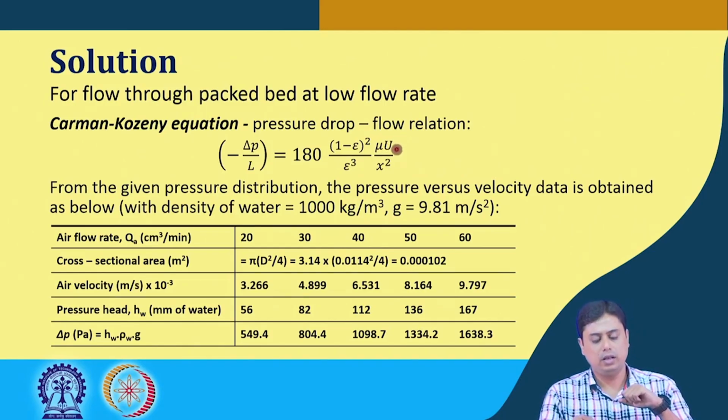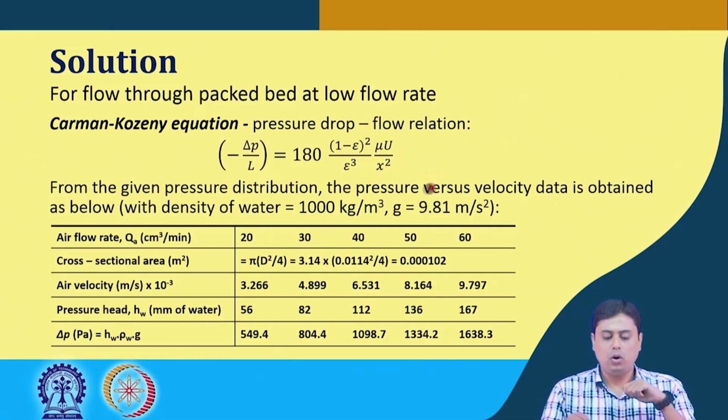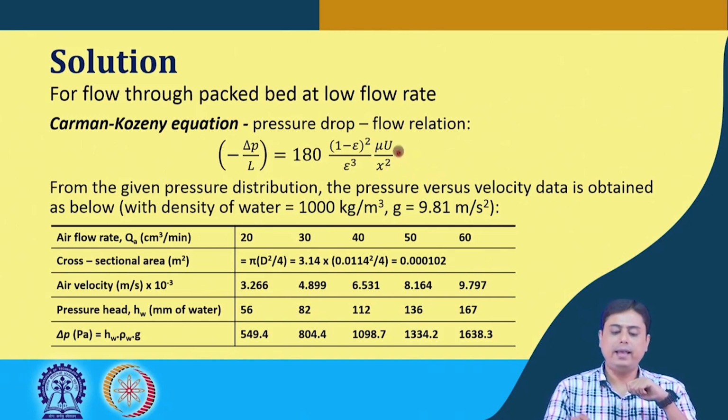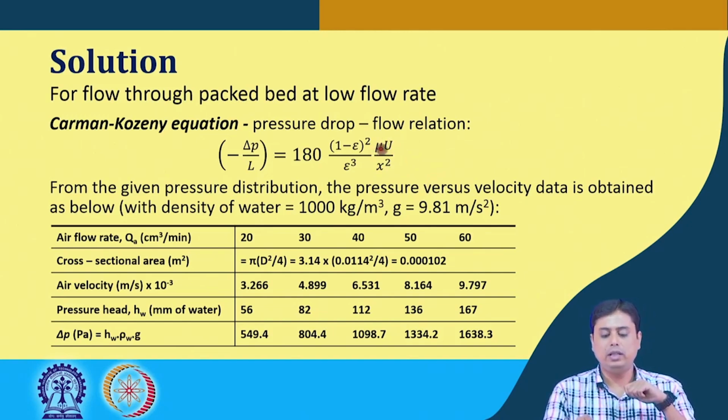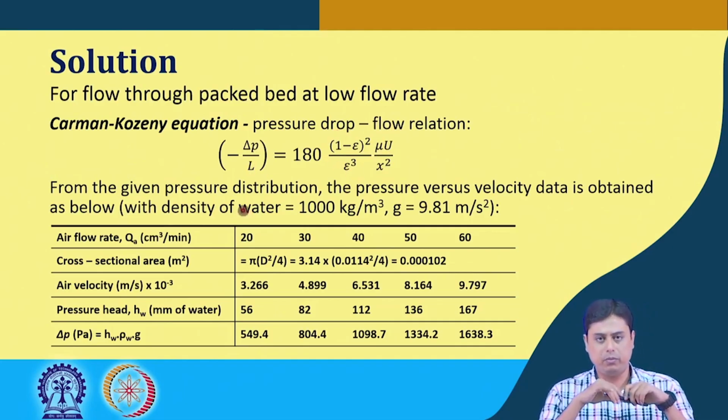And this u is the superficial velocity of the fluid. Here the fluid is air, and x is the diameter of the particle. So the unknown thing here, you can understand, is the x, which has been asked, and other values are given somehow in that problem statement, which we have to identify.